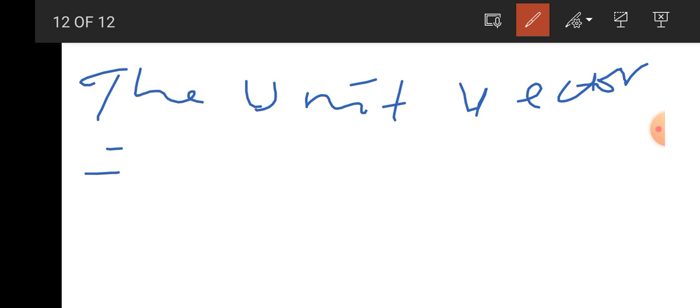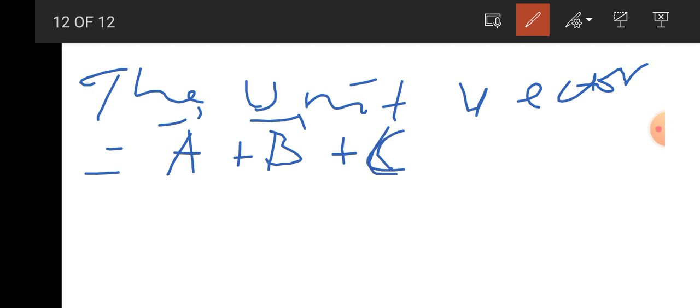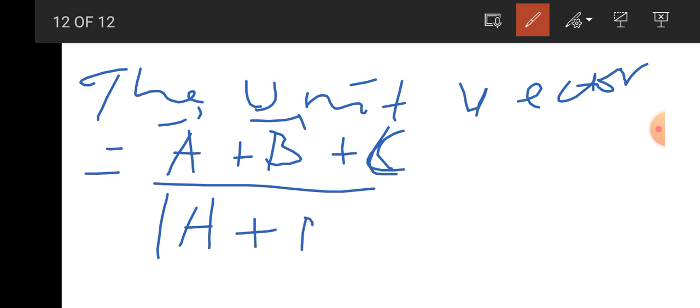ስለዚህ this is equal to ሪዛልታንት ቬክተር a plus b plus c over magnitude of a plus b plus c.